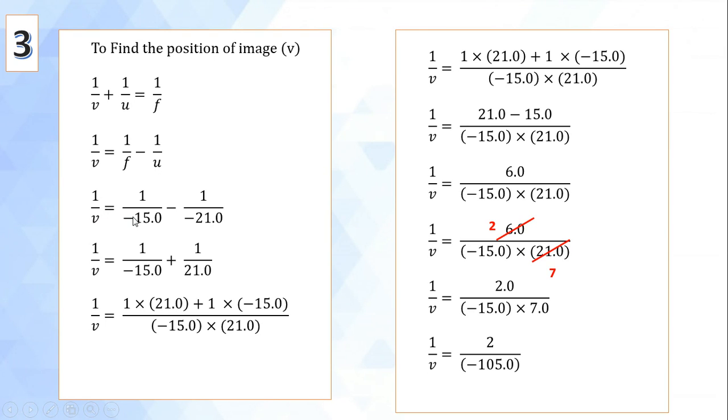So 1 by v is equal to 1 by minus 15.0 minus of 1 by minus 21. That is the object distance. When you do the normal mathematics process, finally we come to know that 1 by v is equal to 2 by minus 105.0.